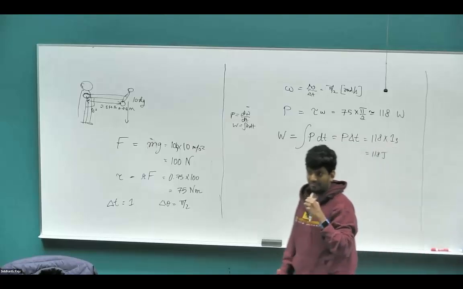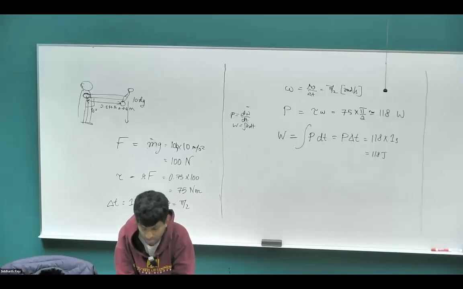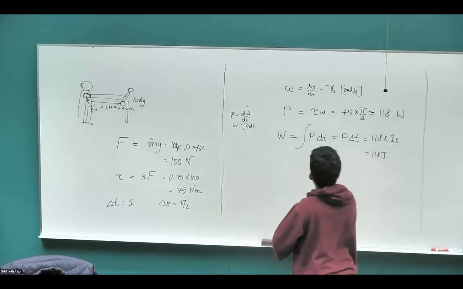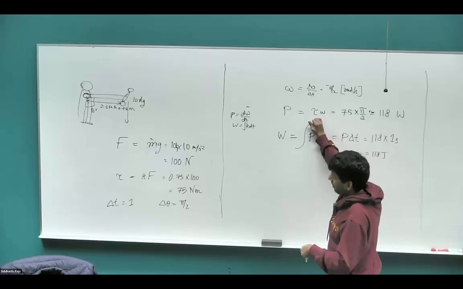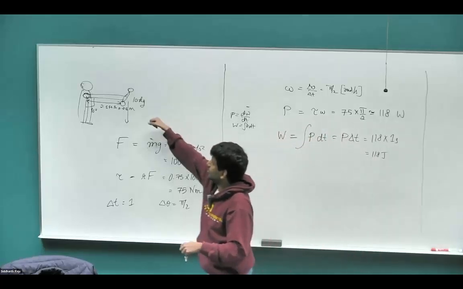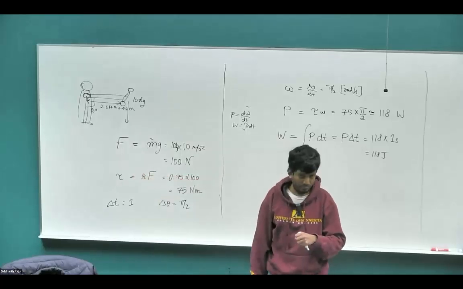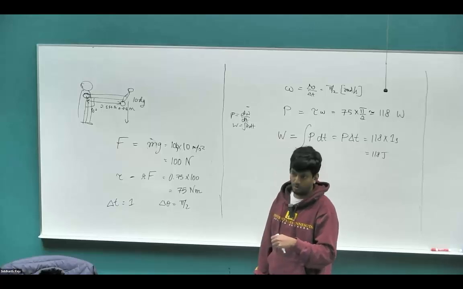Is that answer correct? No, why not? Because the power you're doing changes based on the angle. Perfect. So we have to be quite careful when we do this expression. The torque is not always a constant. At this particular angle, the torque is the highest. But when the weight is at the bottom, at 0 degrees, the torque is absolutely zero.